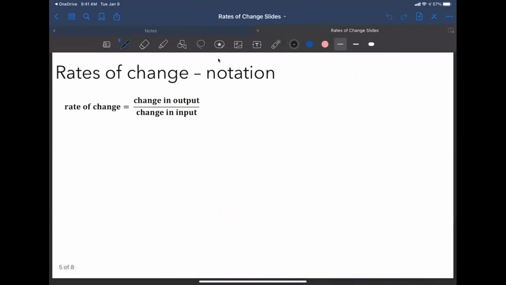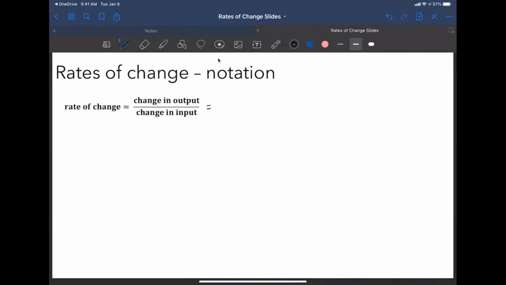So let's talk about some notation for the rate of change. We say that the rate of change is the change in output over the change in input. Often in math, the change is represented by a delta.